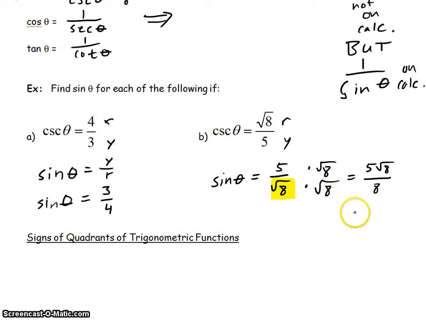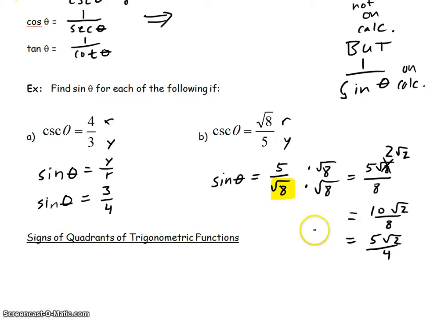To go a little bit further, I can change this to 2 square root 2. So really I have 5 times 2 times the square root of 2, or 10 square root 2 over 8, which reduces to 5 square root 2 over 4. So that really is what my sine ratio fully reduces to.